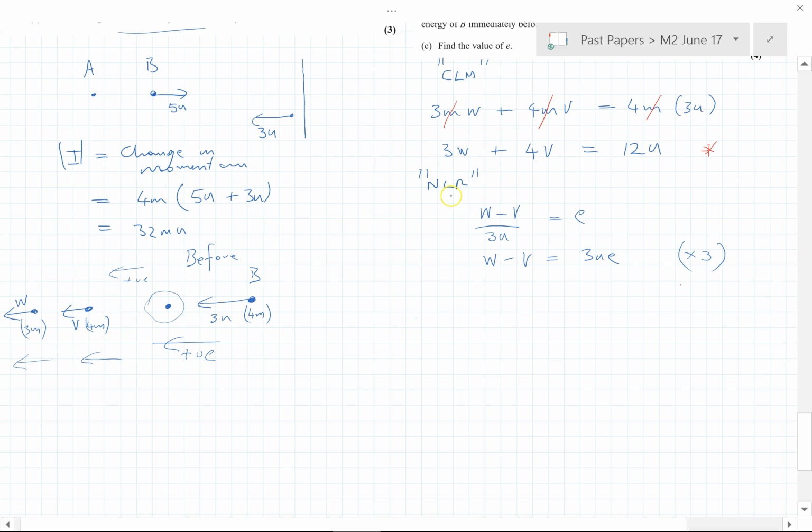So we need to eliminate W. So I'm going to times this one by 3. So we've got 3W take away 3V is equal to 9ue. So then I'm going to subtract this expression from this expression, basically we're going to subtract these two.